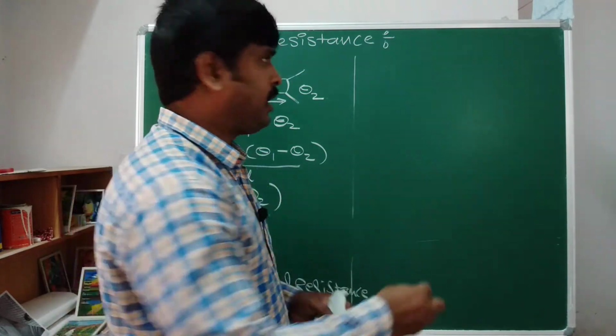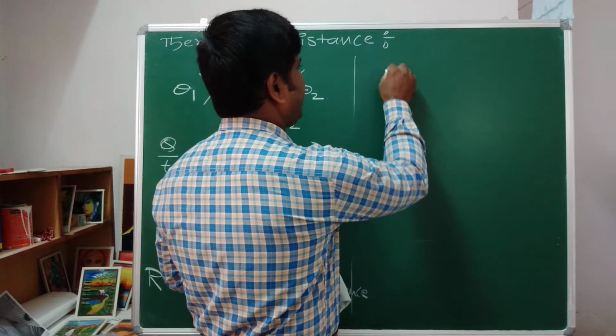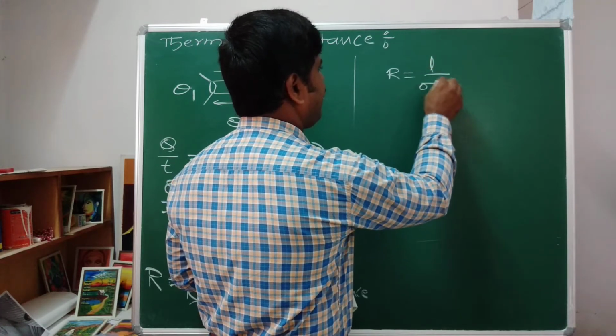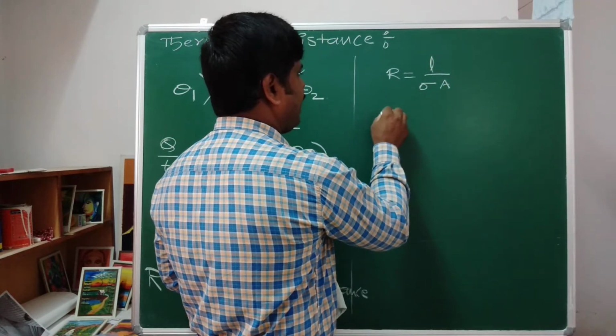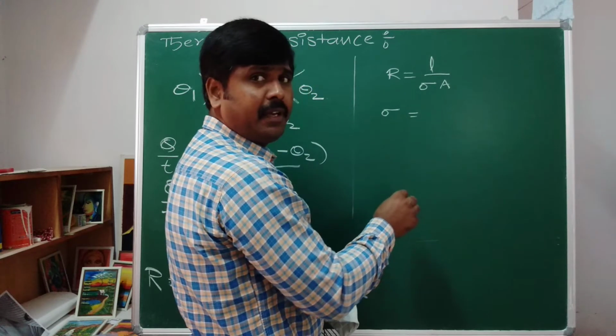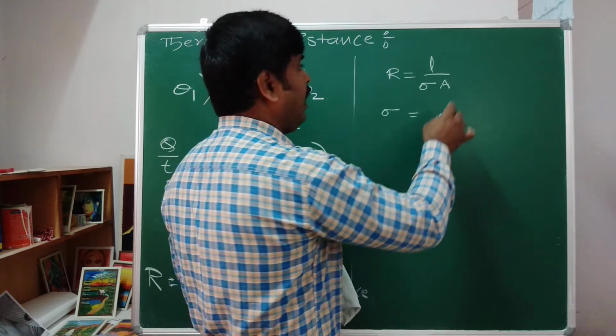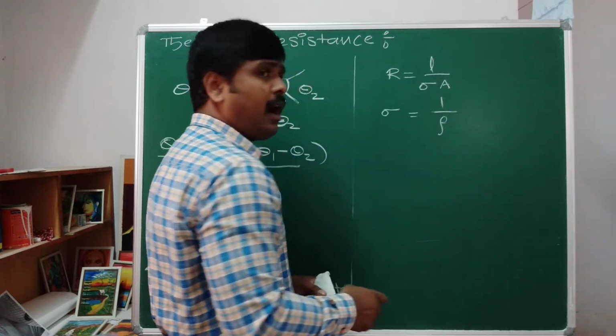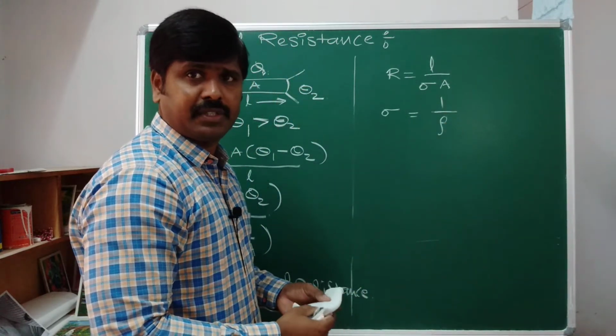Continuing, here we got R equal to L divided by sigma into A. What is sigma? It is the conductivity, defined as the reciprocal of the resistivity or specific resistance.